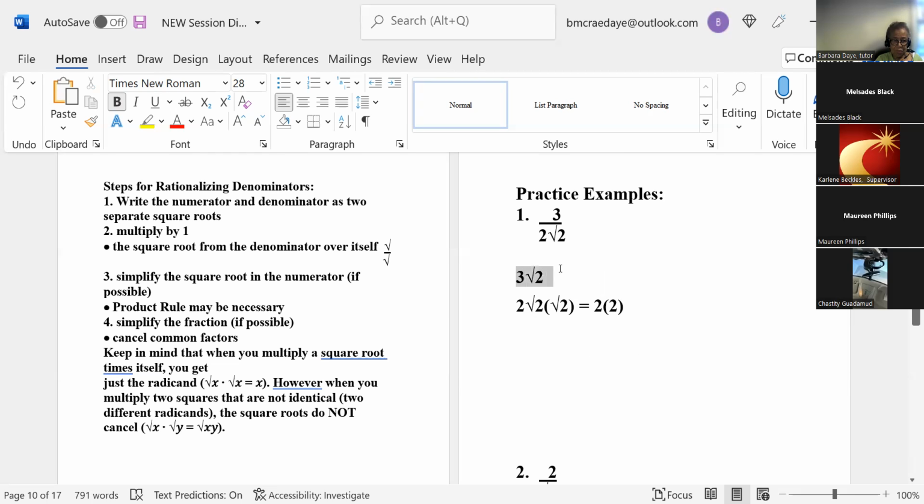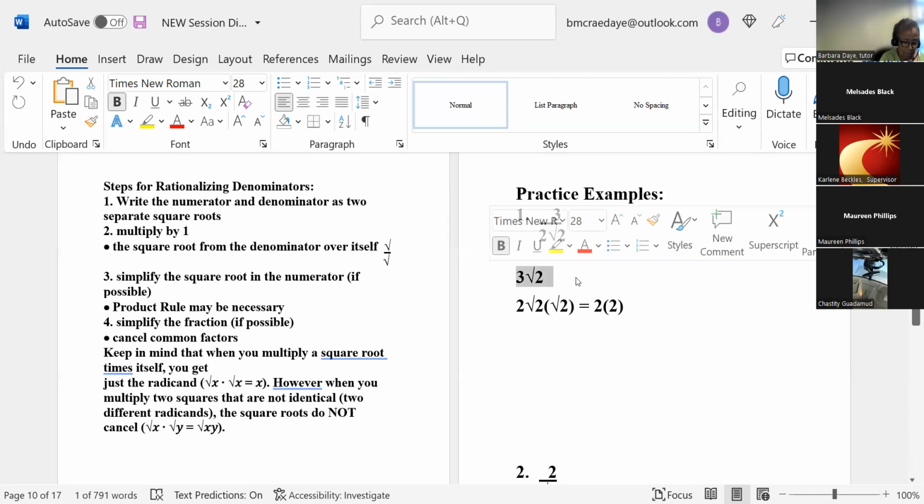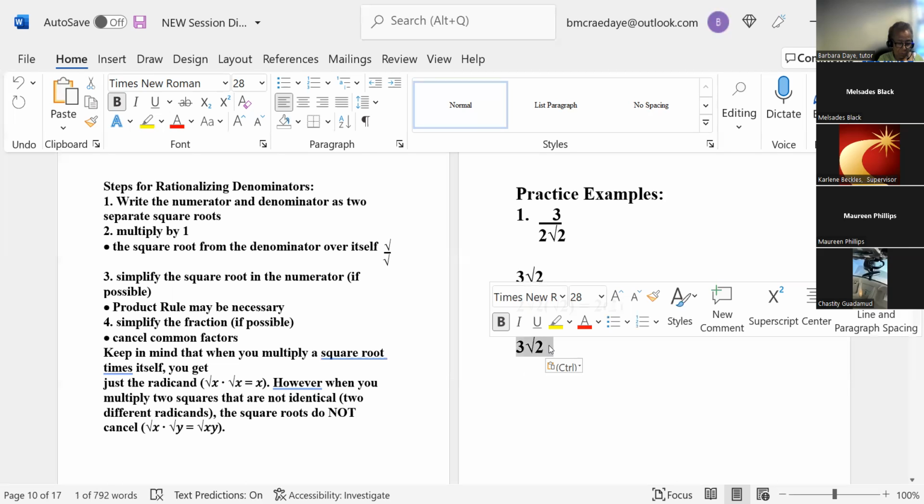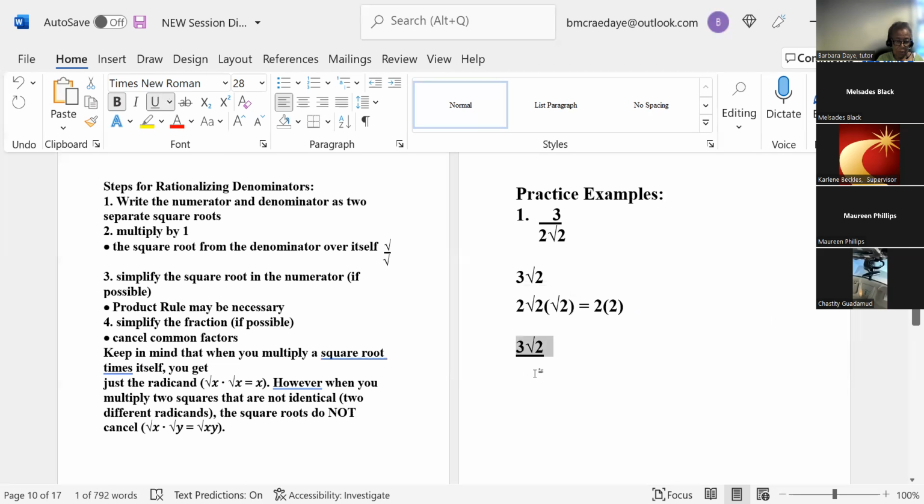So what is my answer? My answer will be 3 times square root of 2. Let me just copy that. And what's in the denominator? 2 times 2. What's 2 times 2? 4. So that would be 4. Okay.